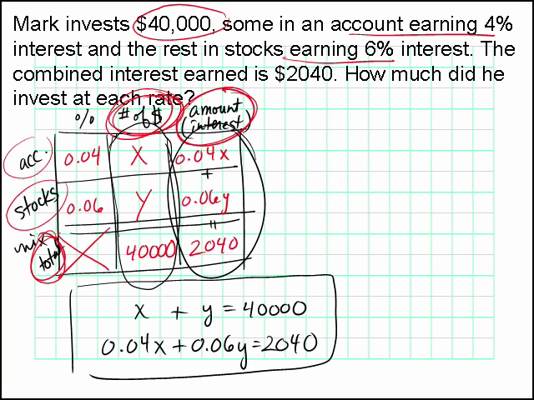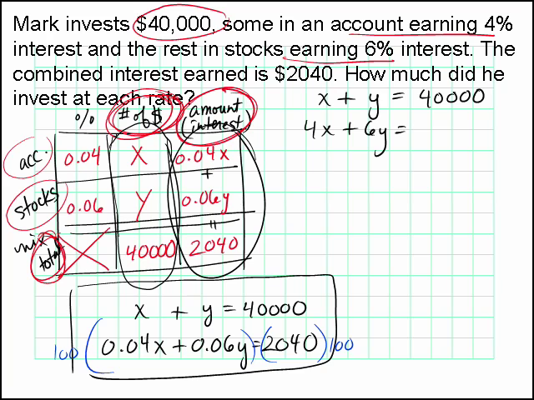So I'm going to multiply this equation, both sides by 100 in order to do that. And I'll rewrite them up here. That gives me X plus Y equals 40,000. And the bottom equation becomes 4X plus 6Y equals 204,000.